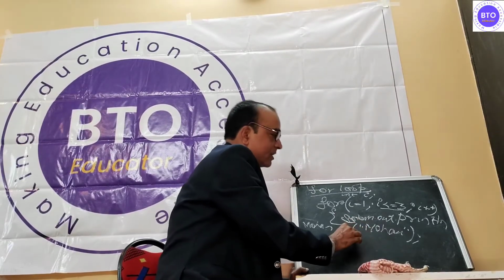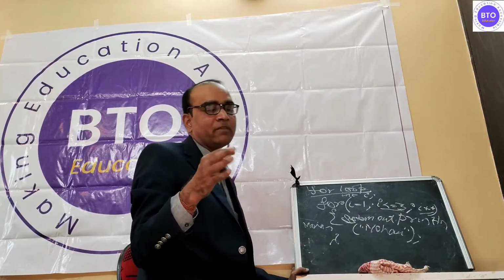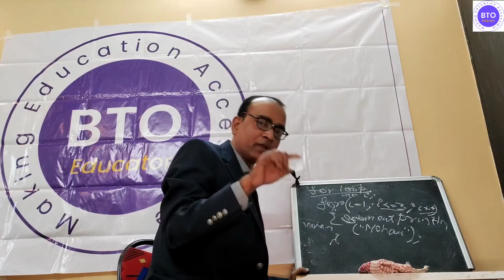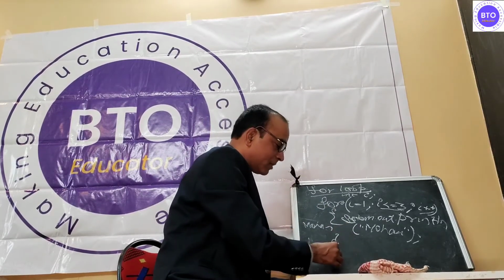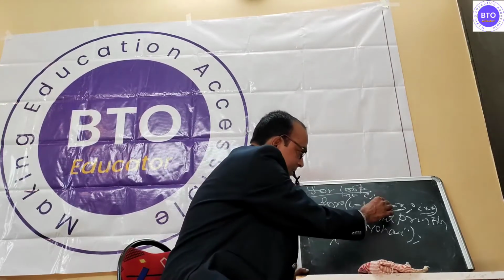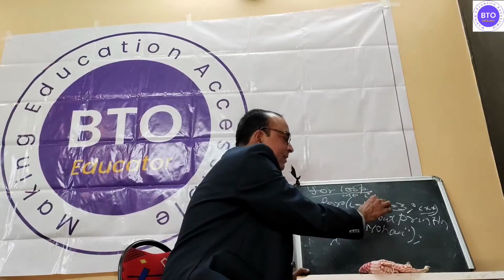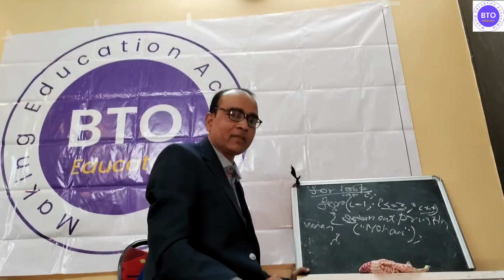At the end of the first round, the third parameter, i plus plus, means the value of i will increase by 1. That will get updated. So i, which was 1, will now become 2. Where will the control go? Will it come out of the loop? No, it will go for the next round. Now round number 2: at the beginning, 2 less than or equal to 3, the condition will be tested.